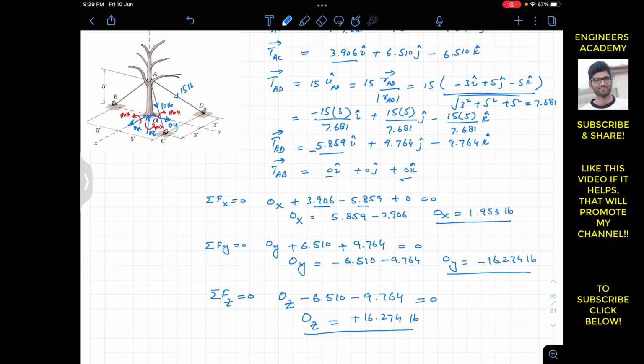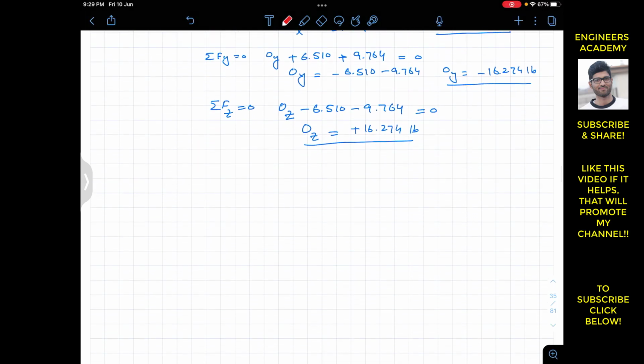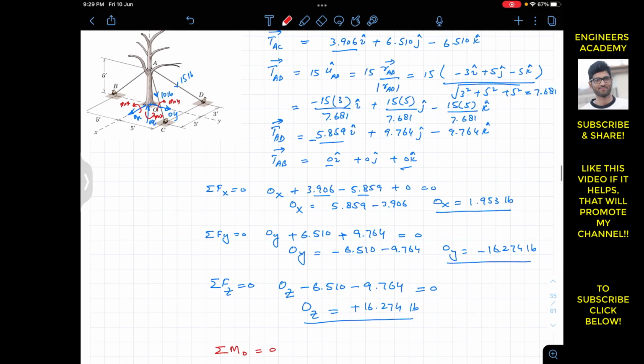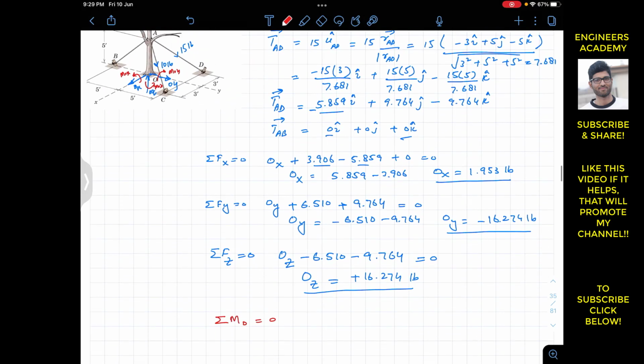Now to find the moment reactions, that is MOX, MOY and MOZ, we have to find the moment at point O equals to 0. So let me apply the summation of the moment about point O, that will be equal to 0. So we have to find the moment of each tension, right? So we can write this MOX, MOY and MOZ as a resultant moment.